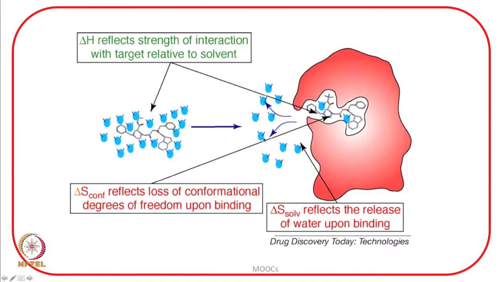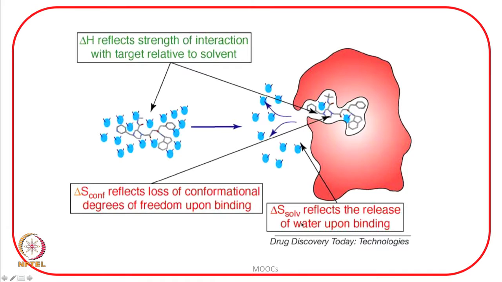But at the same time, if you see over here, the removal of water molecule generates entropy, because the free water molecules are released. So, delta S conformational reflects loss of conformational degrees of freedom upon binding. That is another factor I was saying, that if there is, for example, a rotational degree of freedom in this molecule, that will go bind and lose that degree of freedom.